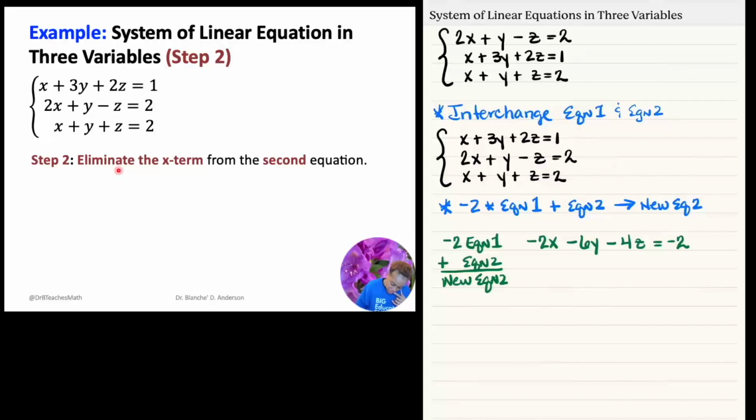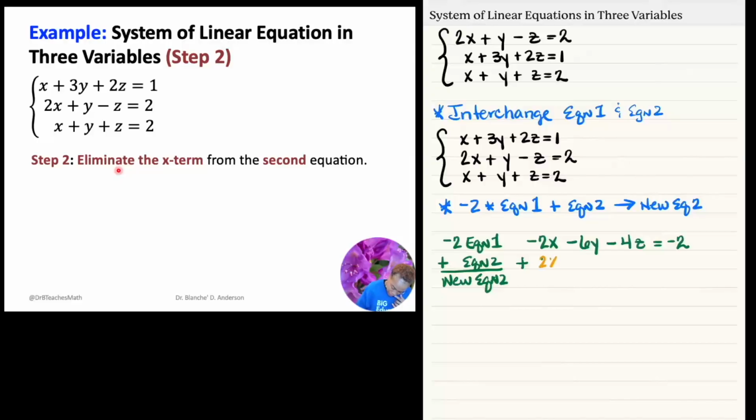So I took -2 times every term in the first equation, and now we're going to add it to equation 2. I'm going to write it like this. I want it to stand out, so I'll use gold.